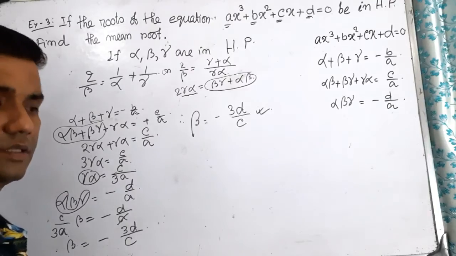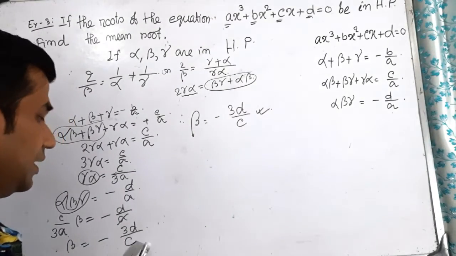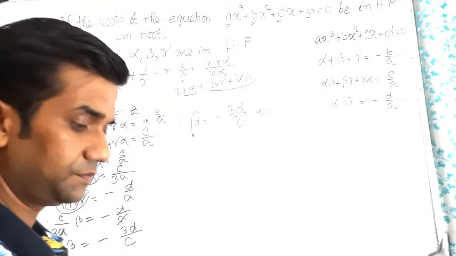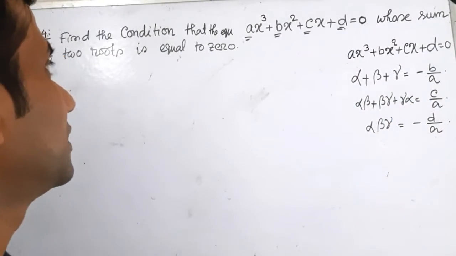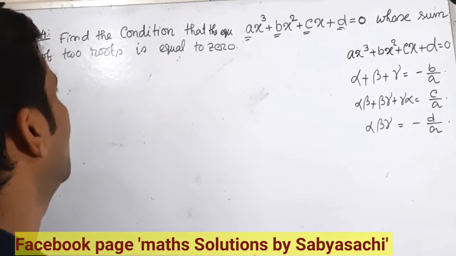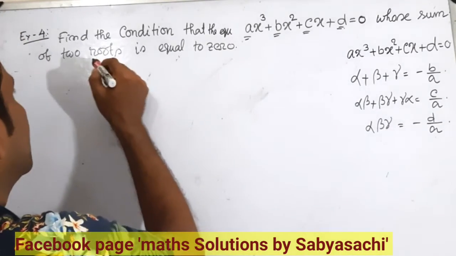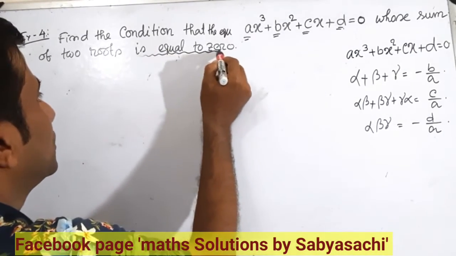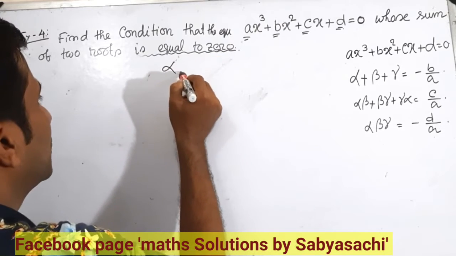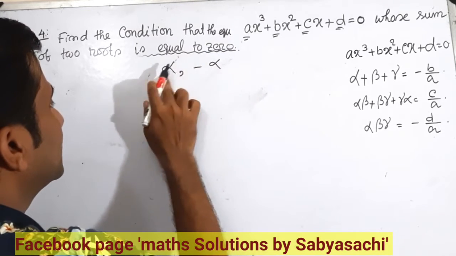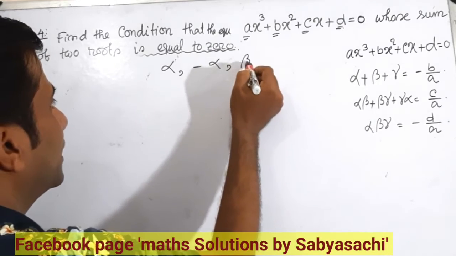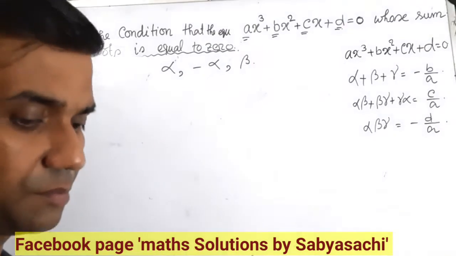Okay, this is the problem and this is its solution. X cube plus bx square plus cx plus d is equal to 0, whose sum of two roots is equal to 0. That means sum of two roots equal to 0 means one root alpha, another root minus alpha, and the third root is beta.